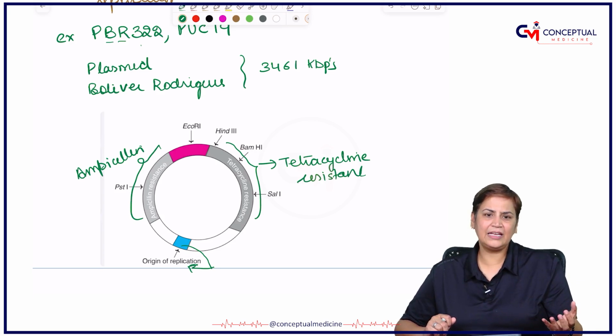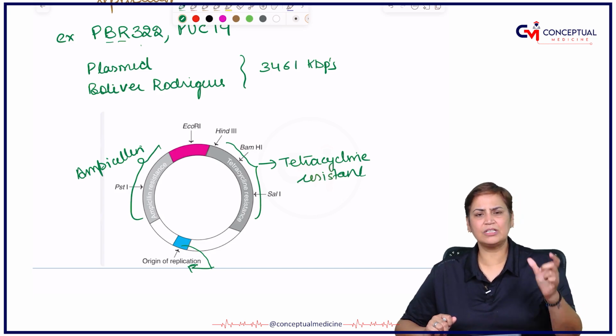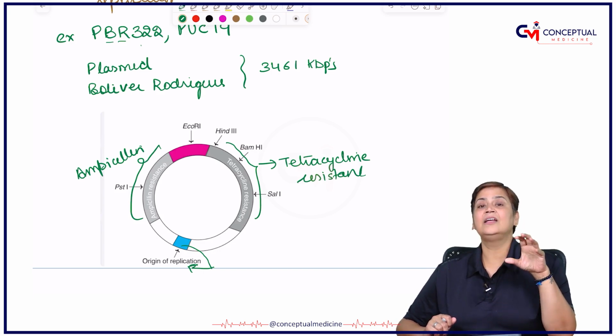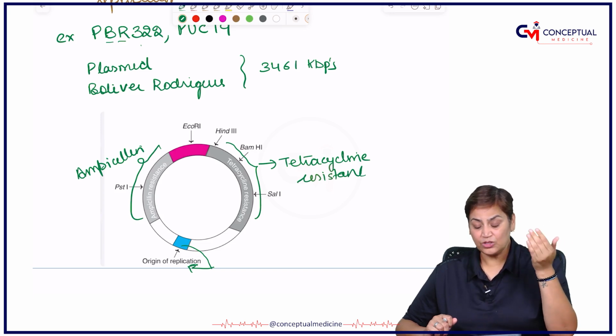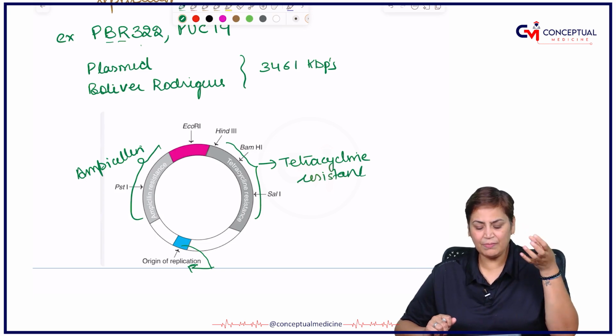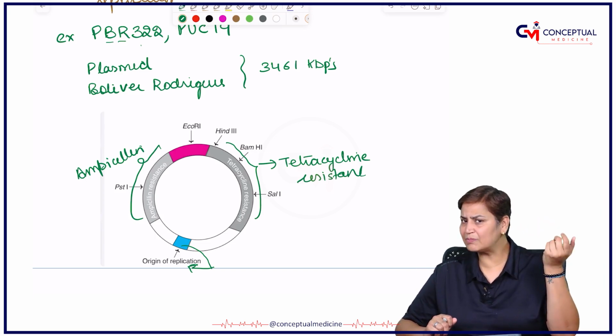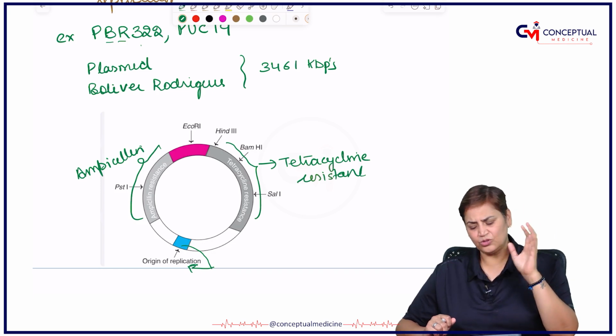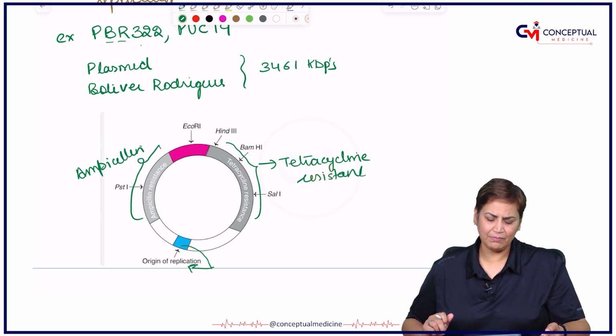Whenever it is grown in a culture and we calculate the zone of hydrolysis, we will see that the colonies will be ampicillin sensitive. So this is the use of the plasmids. And PBr322 was the first plasmid discovered by Bolivar and Rodrigues. It has roughly 4,367 base pairs.